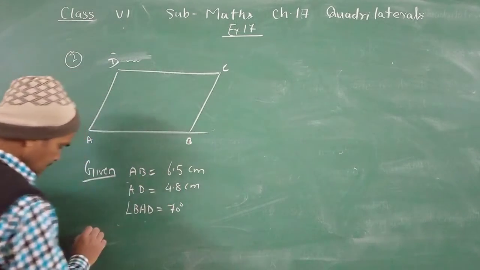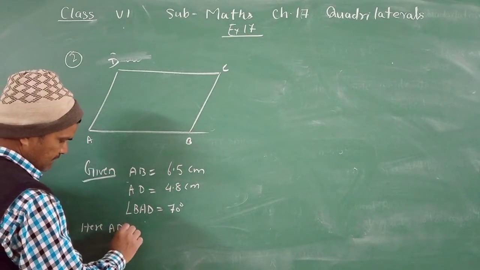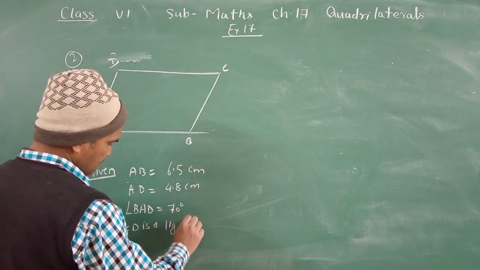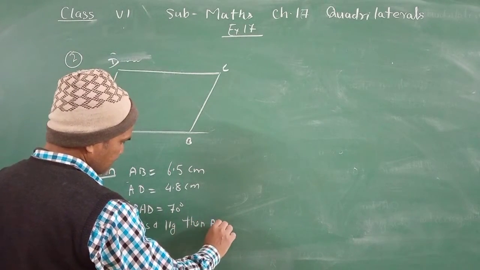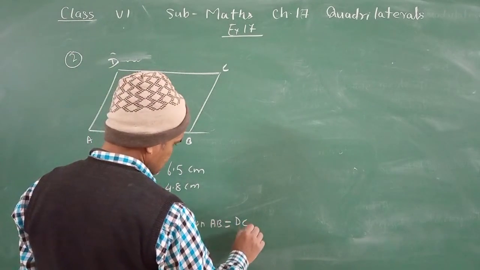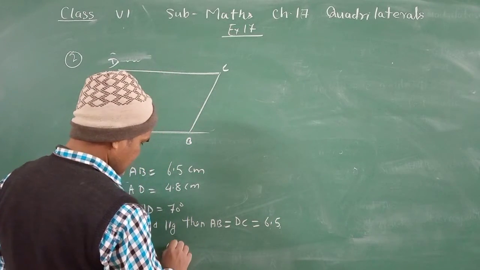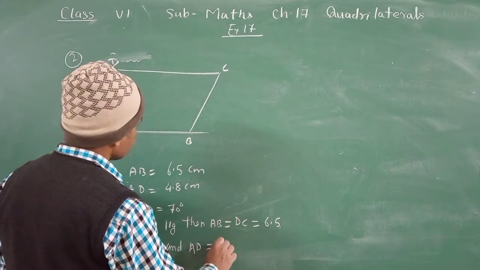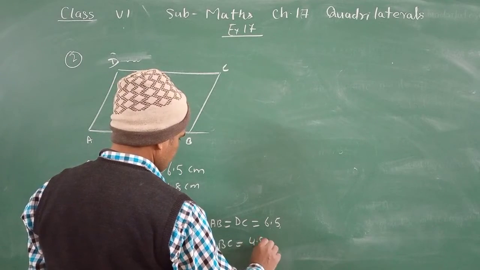Here A, B, C, D is a parallelogram, then AB is equal to CD, that is equal to 6.5, and AD is equal to BC, which is equal to 4.8.